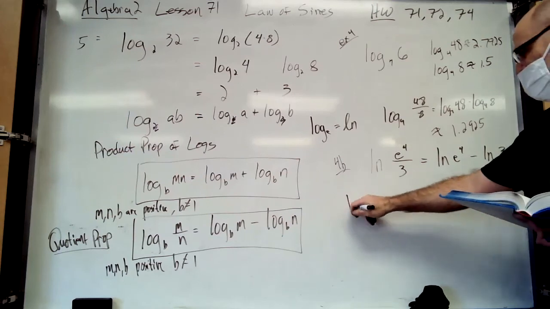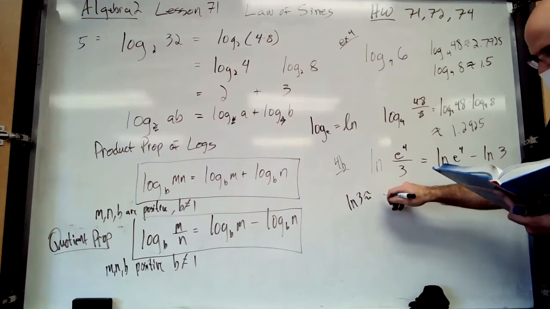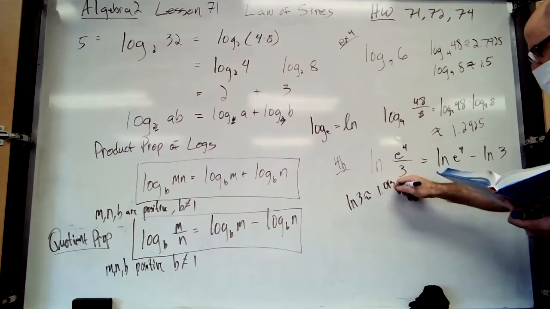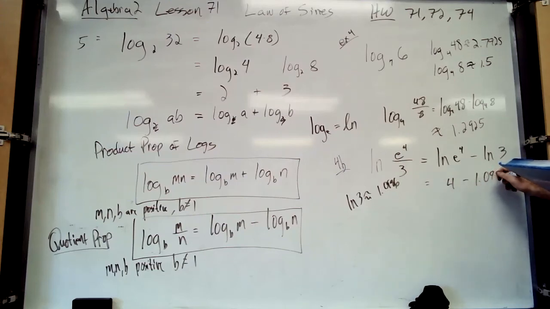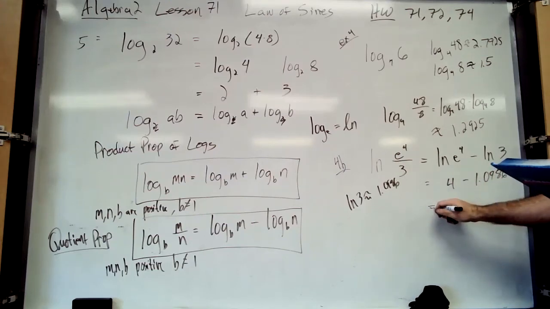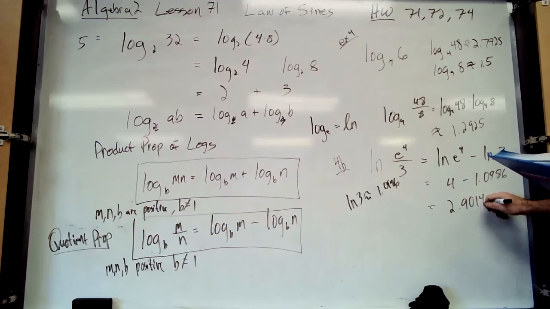So they're going to give you natural log of 3 is approximately 1.0986. Well, this is just 4 minus 1.0986, which is 2.9014.